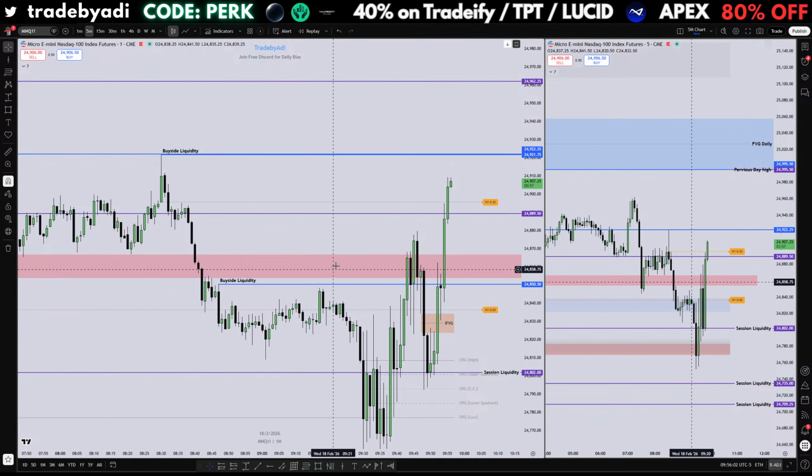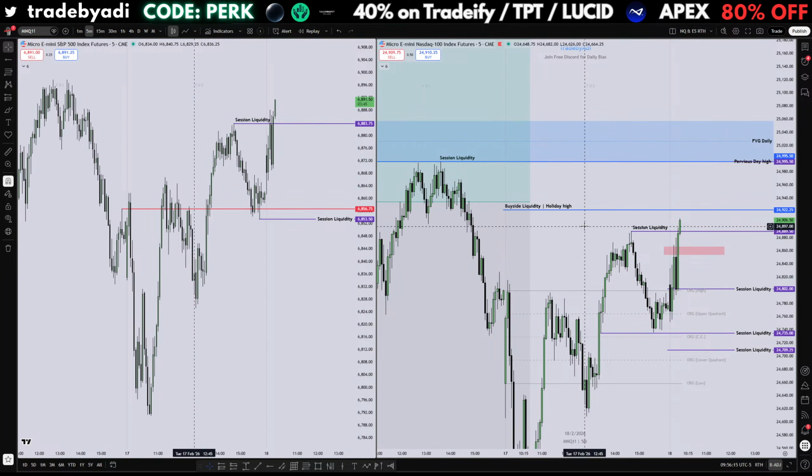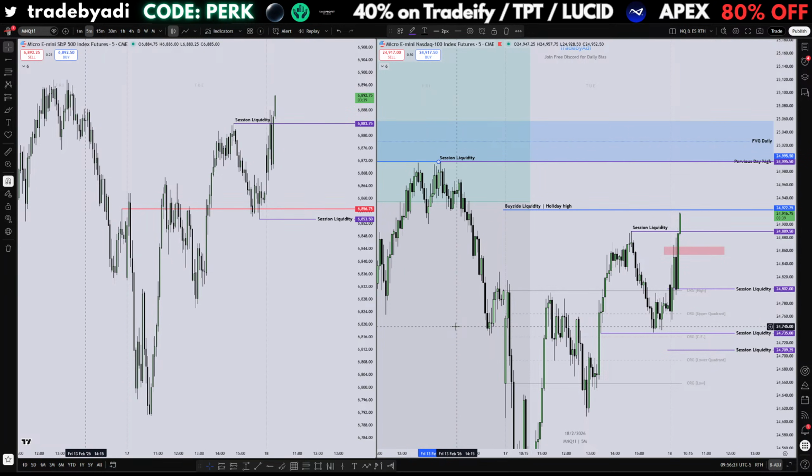And we also disrespected this 15-minute gap, and we tapped to this buy side liquidity again, and this can be the nearest draw on liquidity.